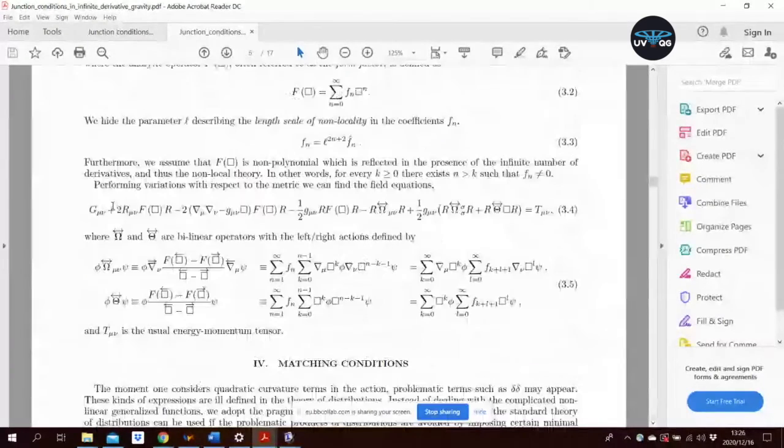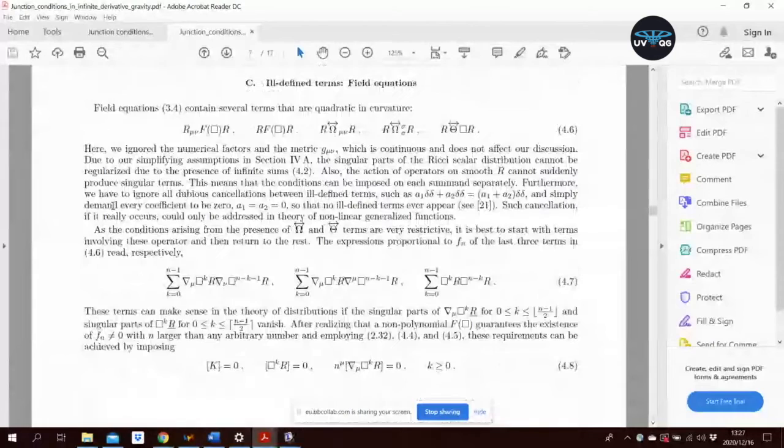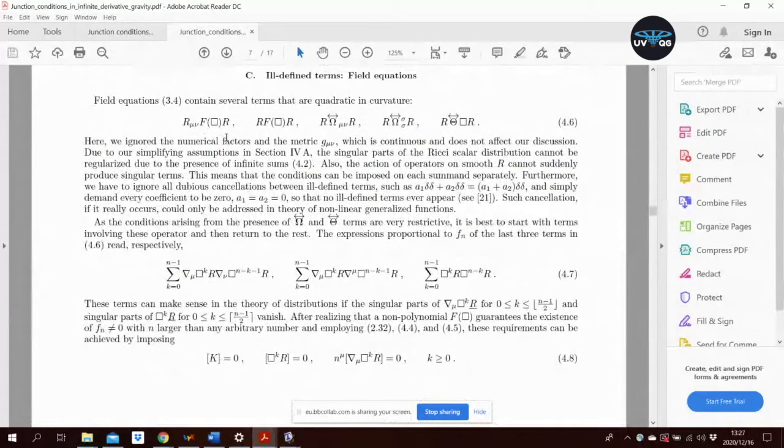So what happens in our case is that the terms that we have here involve basically all the derivatives of R encoded in this D'Alembertian operator.